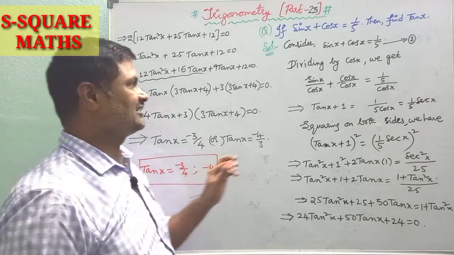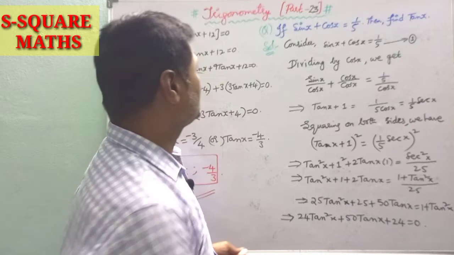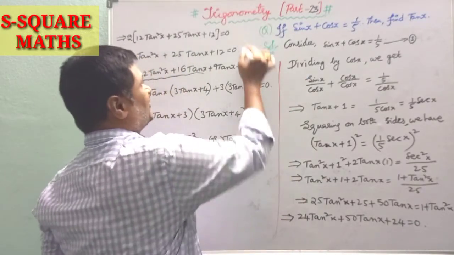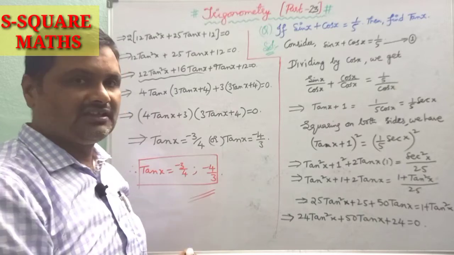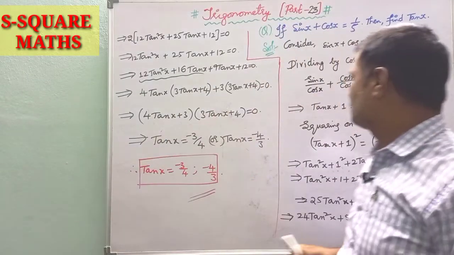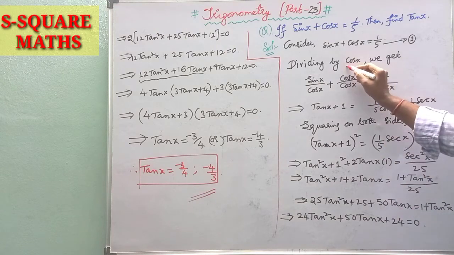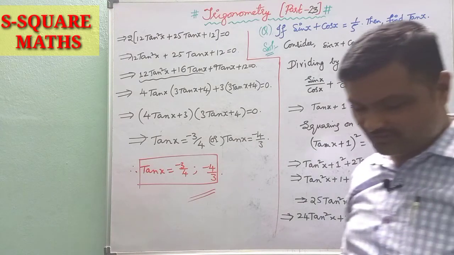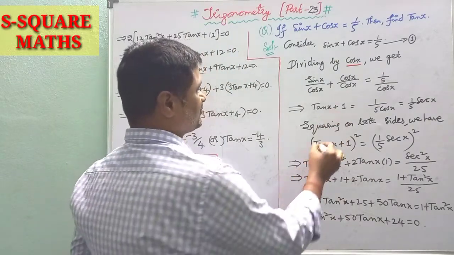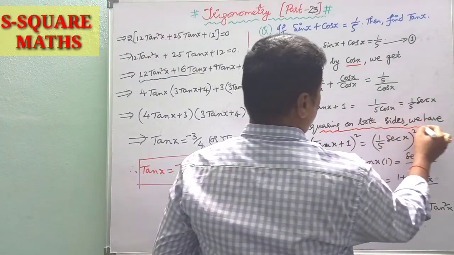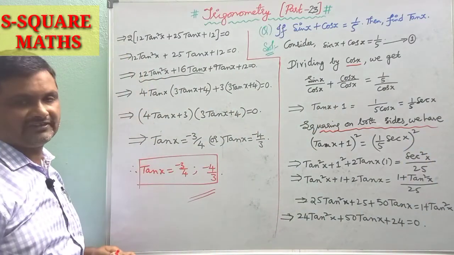In various competitive examinations, skip steps, go for fast calculations, and you are going to get the answer. This is a subjective process. Once you have the total look of this problem, in the first step itself we divide by cos x, then square on both sides, proceed, and solve the quadratic equation.